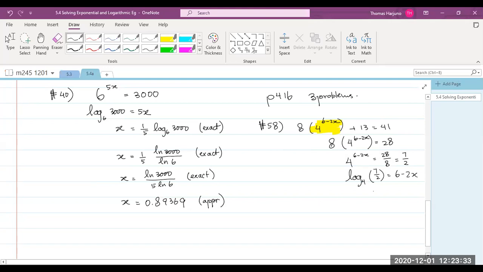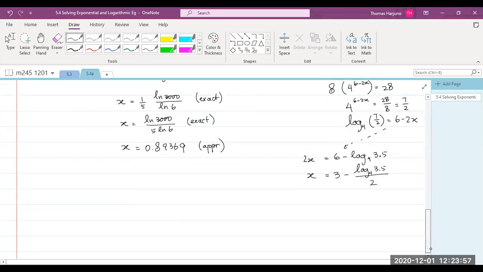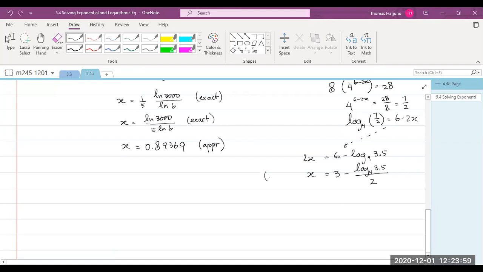Okay, so 2x, let me move the equal sign here now. So 2x equals 6 minus log base 4 of 3.5. Then divide by 2. Okay, that's the exact form.